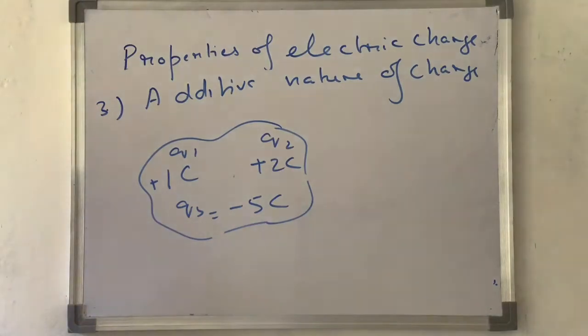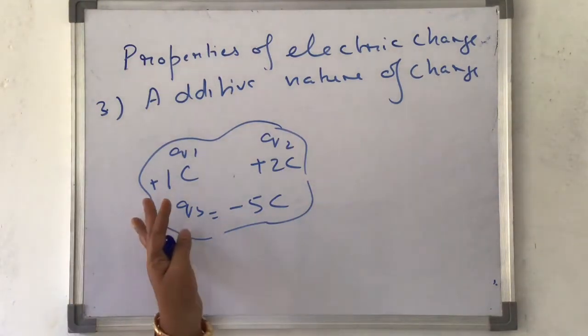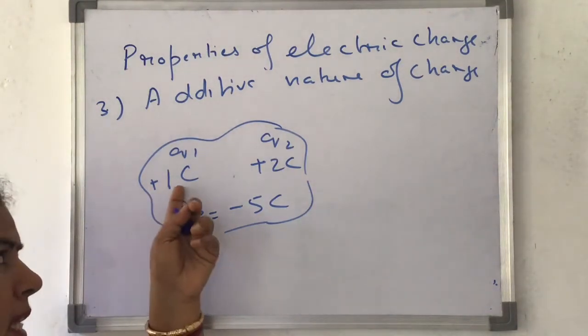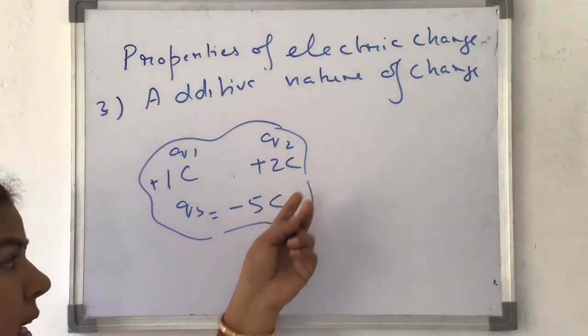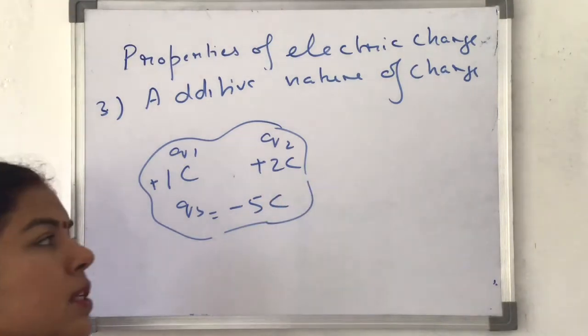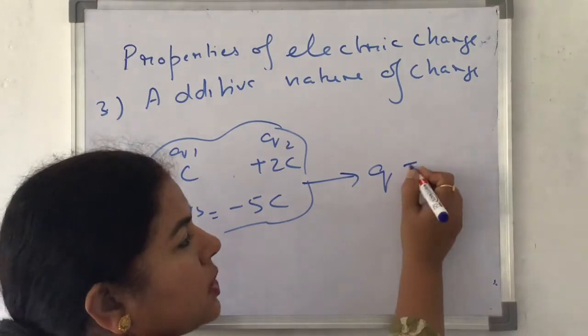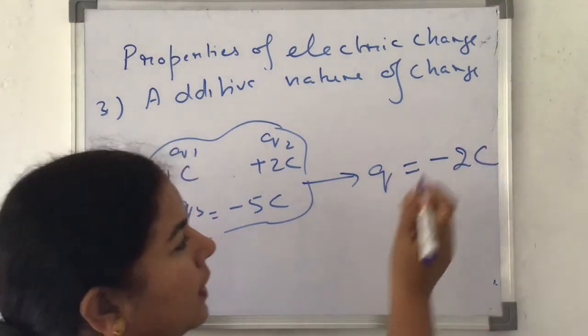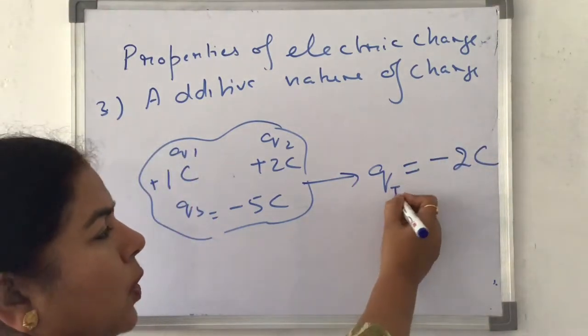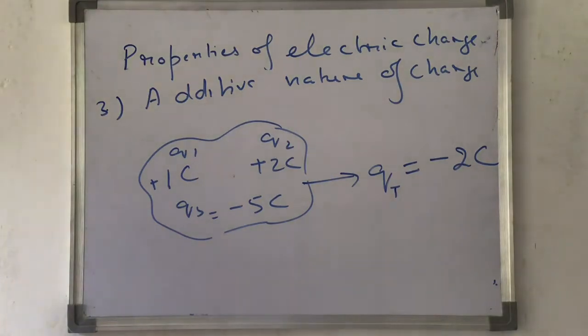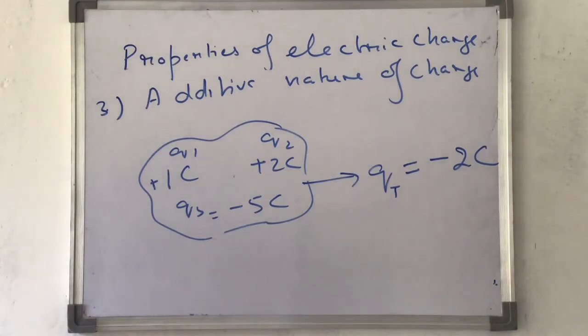Now what is the total charge on it? Algebraically, we are going to just add these charges. So plus 1, plus 2 becomes plus 3, plus 3 and minus 5. The total charge on it is minus 2 coulombs. That means the total charge on an object is simply the algebraic sum of all the charges on that object. This is what additive nature is. Okay, is it clear?